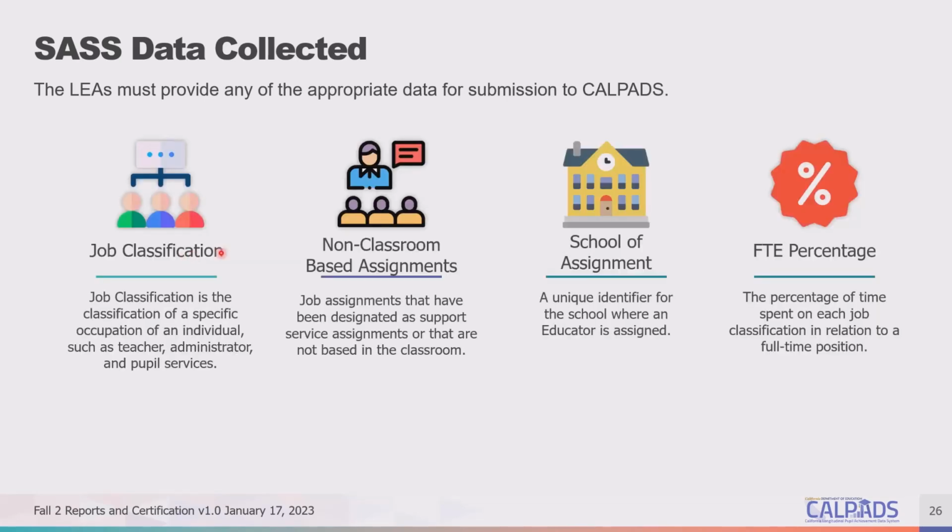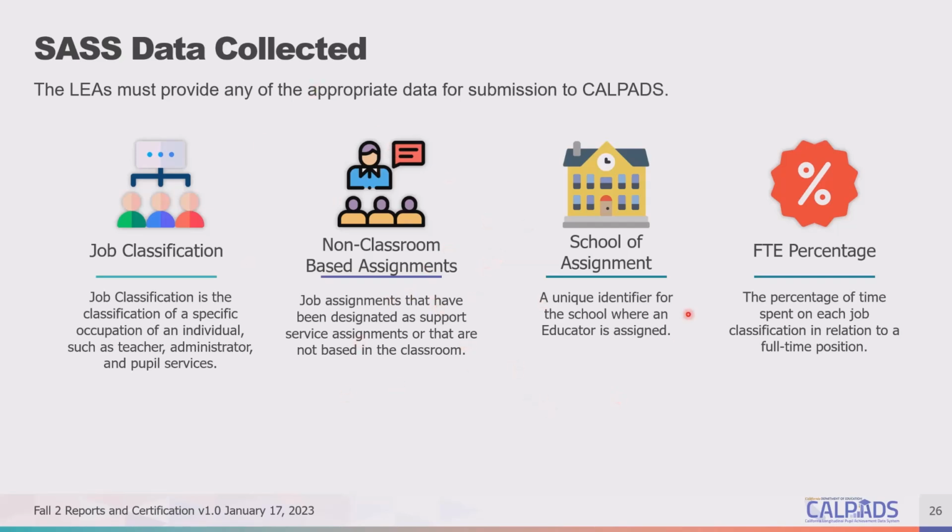When you submit your staff assignment file, it contains the job classification that the staff member is credentialed in. Now, if a staff member is not assigned to a class, meaning they're either admins, pupil service staff, or teachers who are not assigned in a classroom, then you have to submit their non-classroom based assignment codes.